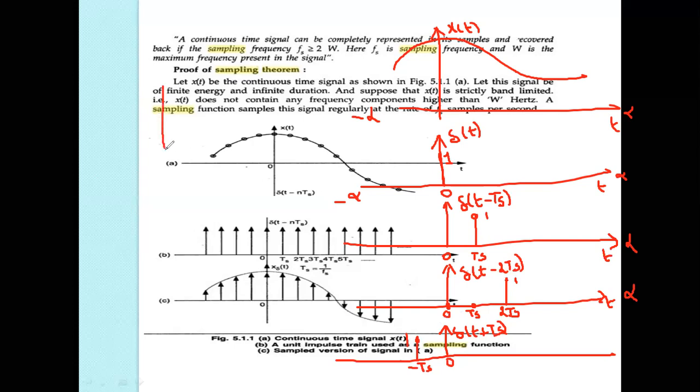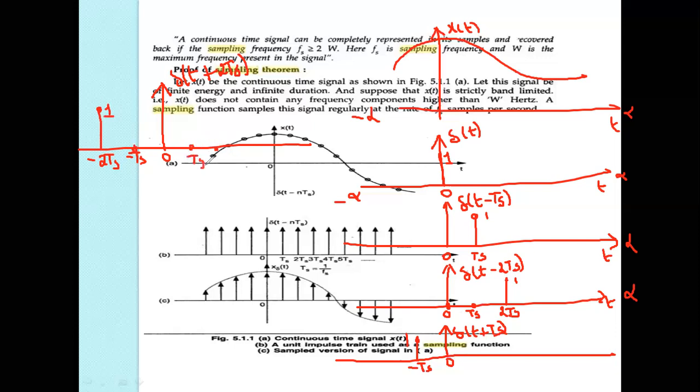Now another signal I take is delta of t plus 2ts. Plus 2ts means the signal delta of t is shifted to minus ts in the first sample, and towards the left side in the second sample. The magnitude is also 1, and so on.